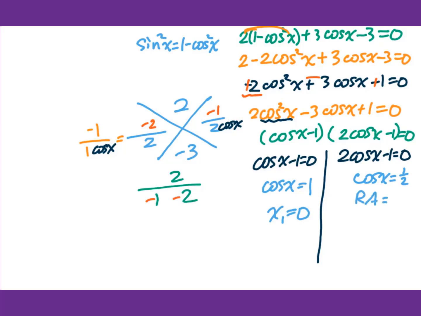Reference angle, that's pi over 3. Go to first and then the fourth quadrant. That will be pi over 3 and also 5 pi over 3. Therefore, x2 equals pi over 3, x3 equals 5 pi over 3.